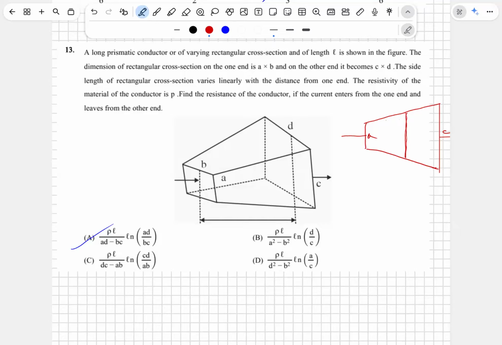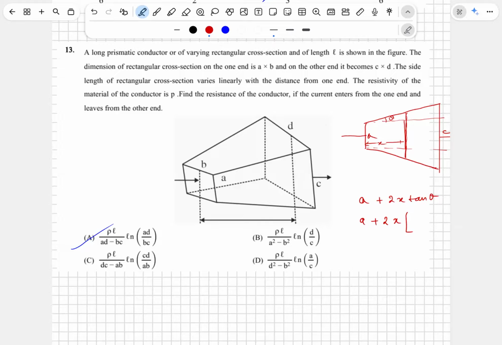Similar, where do you find similar here? This is theta. At some distance x, this is x, this will become a plus 2x tan theta. A plus 2x.